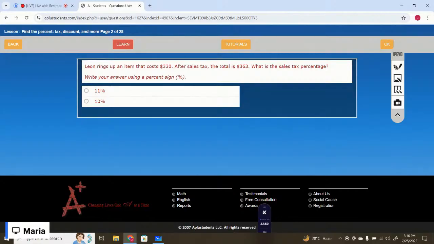Okay, so 363 minus 330 is 33. 33 divided by 330, that would be 10%.